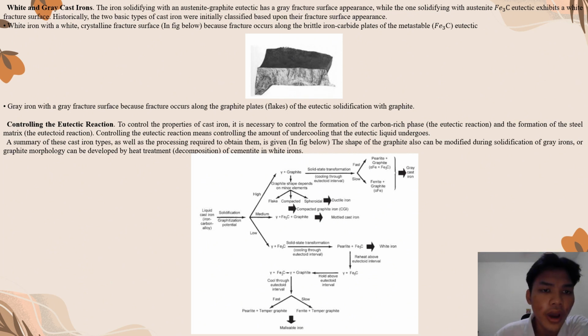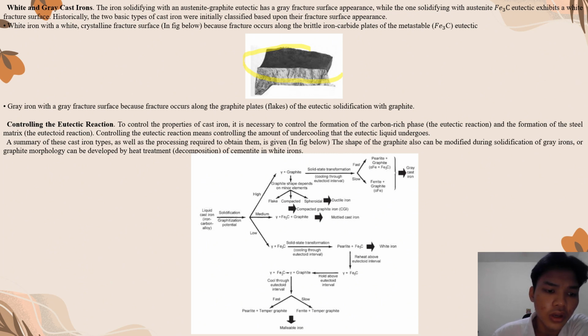White iron has a white crystalline fracture surface, as in the picture below, because fracture occurs along the brittle iron carbide plates of the metastable Fe3C eutectic. Gray iron has a gray fracture surface because fracture occurs along the graphite plates or flakes of the eutectic solidification with graphite.